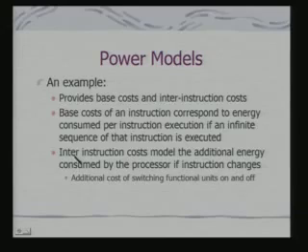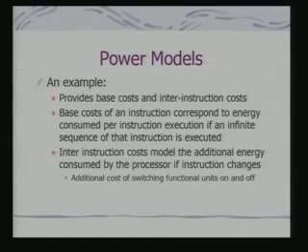Then there would be inter-instruction costs. What is inter-instruction cost? The inter-instruction costs model the additional energy consumed by the processor if the instruction changes. Because your program will not typically consist of a single instruction, there will be change from one instruction to another, and there will be a cost involved in it. Additional cost can come because of switching functional units on and off. For example, you may be switching on your floating point functional unit.